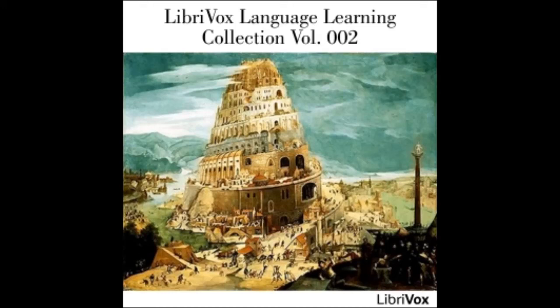Thus, wooden or of wood, ligneus, lignea, ligneum. Paper or of paper, cartaceus, cartacea, cartaceum. Leather or of leather, scorteus, scortea, scorteum, or corio. Leaden or of lead, plumbeus, plumbea, plumbeum, or plumbo.